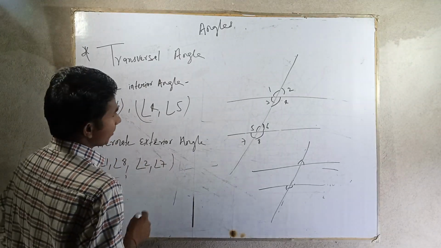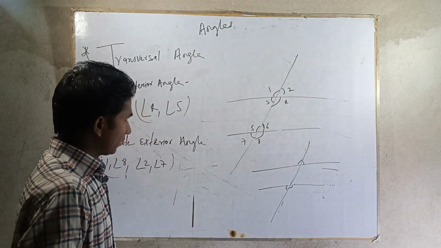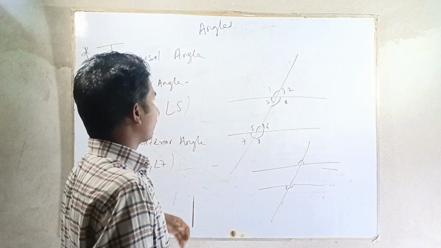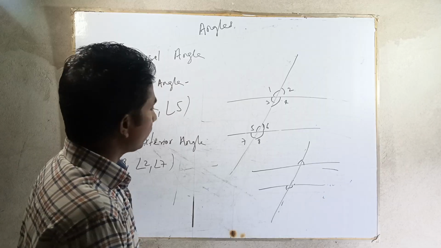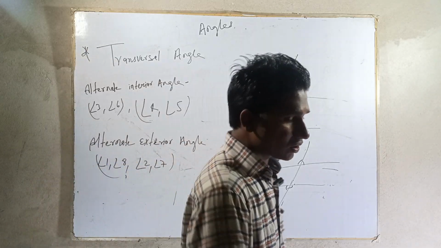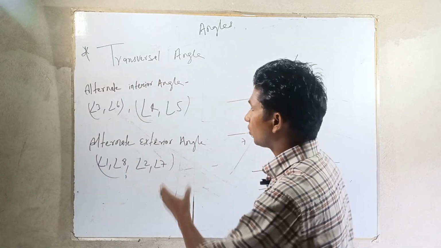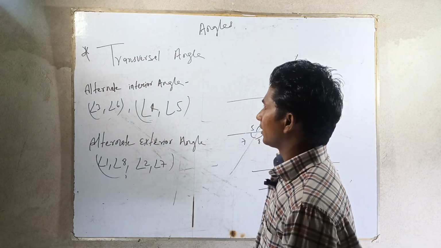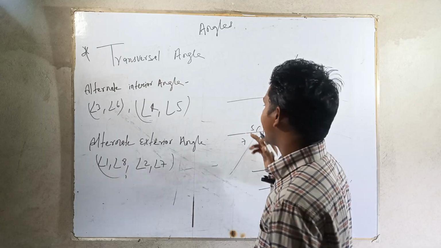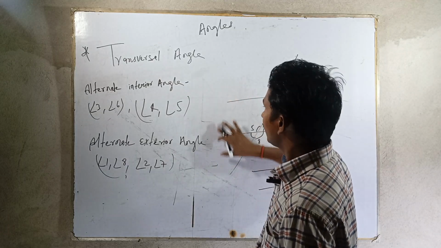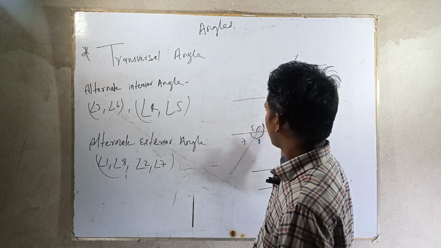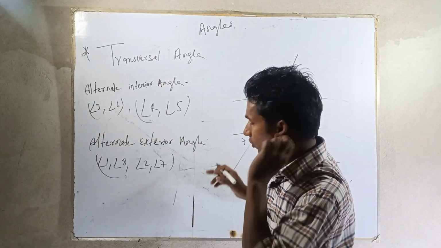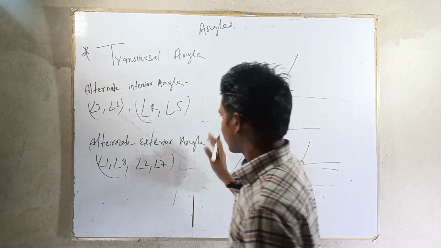Both are exterior alternate angles. So you can see different types of alternate interior angle in this figure. These are so important to understand all these things.